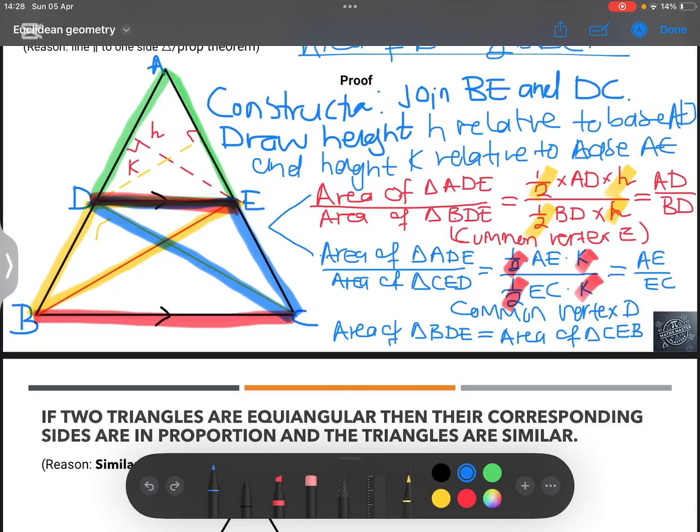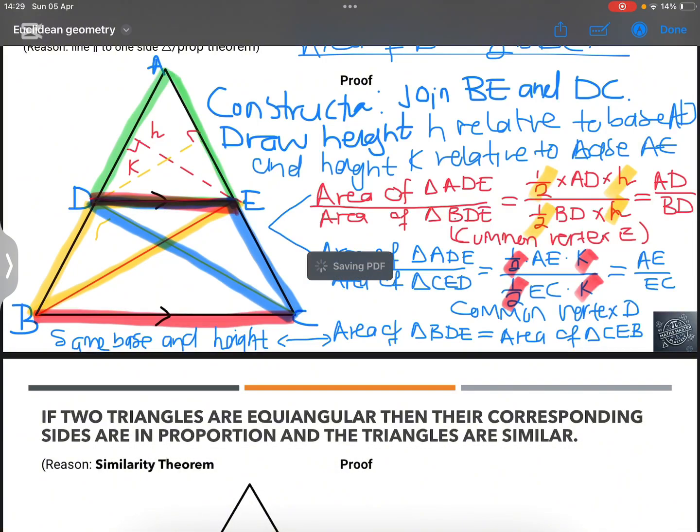Let me write it down. The reason: same base and height. The height is lying between the parallel lines, which are DE and BC.